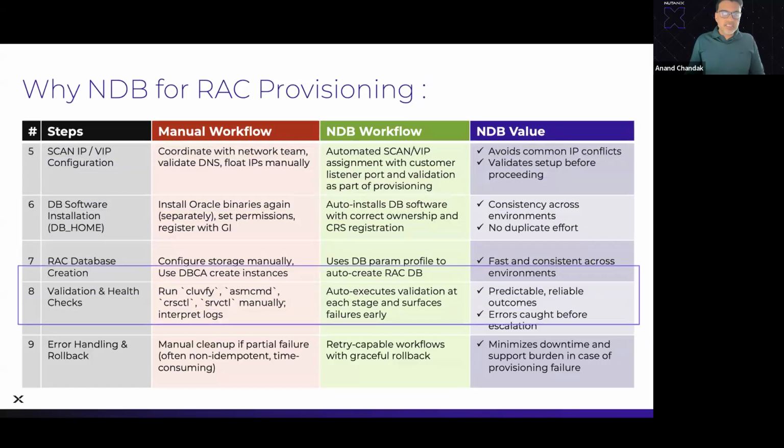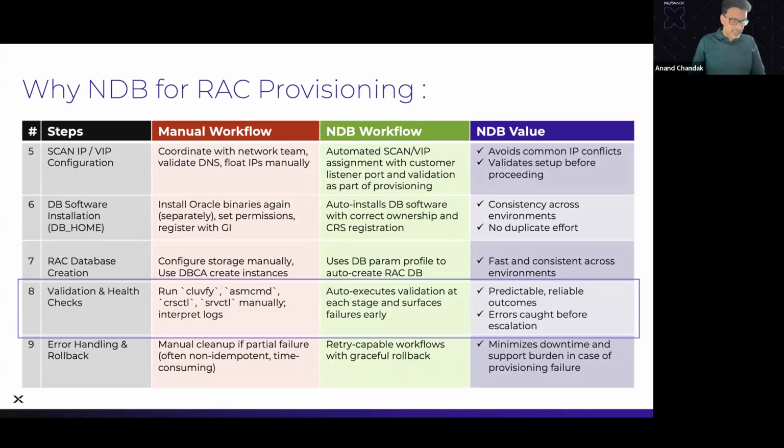The other critical point is around validation and health check. When you deploy manually, you have to run the cluster verify command, the ASMCMD command, and a bunch of other commands to perform the validation of the cluster deployment. The problem is if there is any issue with the deployment, it surfaces too late to fix it.